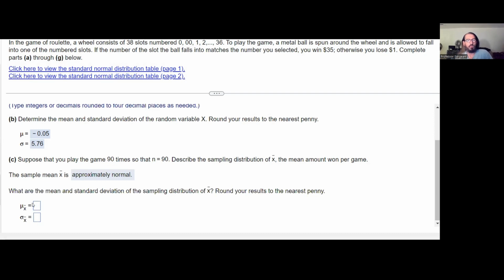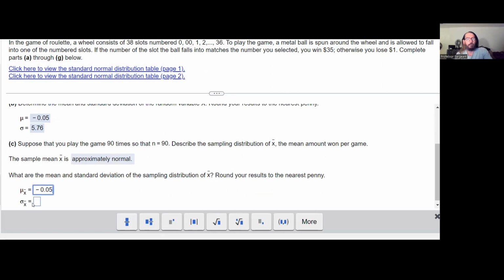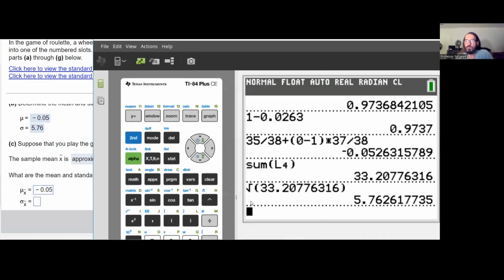The mean is going to be the same as for the population. Then I'm going to divide by the square root of 90. Take what I had for the standard deviation for a single game and divide by the square root of 90. Notice how I'm using the most exact version the calculator could give me instead of the rounded, just in case.